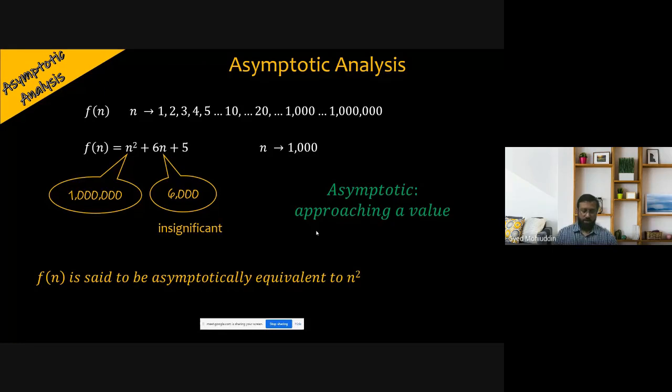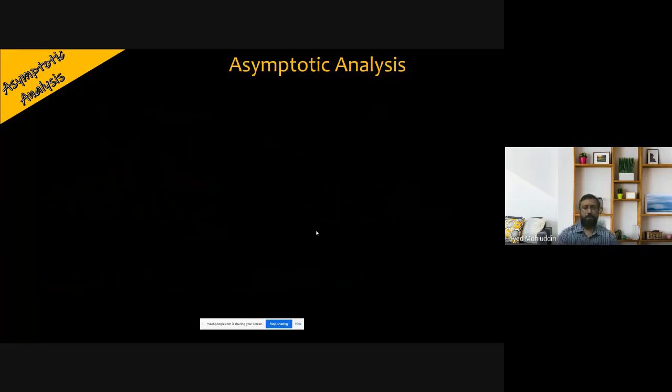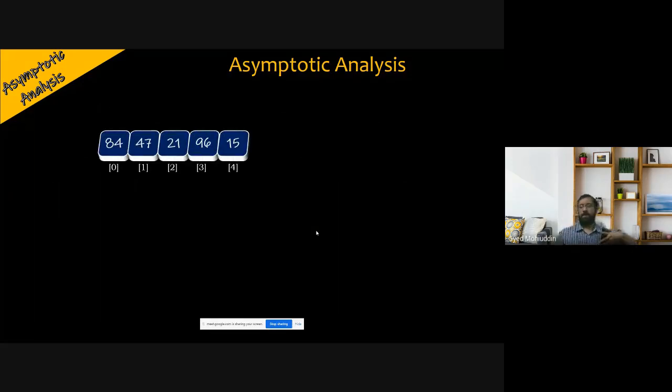Now, the next thing we're going to see is, let us take an example before we formally describe the asymptotic notations. Now I'm trying to search for a number among these numbers. I have taken these numbers into an array because that is my collection. Now, to search for a number, what do I do?